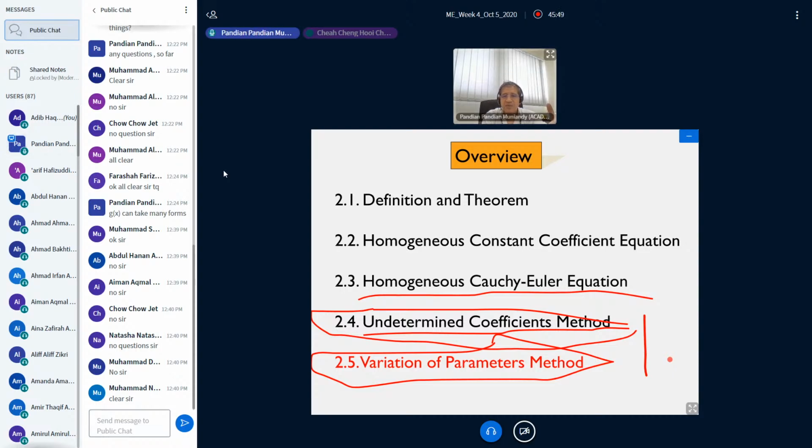But undetermined coefficient method is different. So you may say the variation of parameters method is lengthy and also very tedious. But that is how this method was created. So you have to handle the G(x) non-homogeneous part with the variation of parameters method.